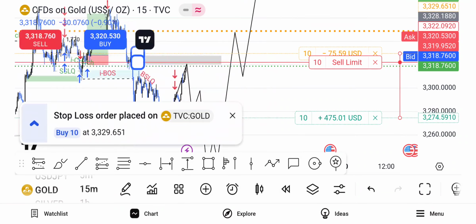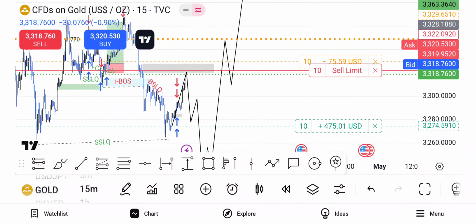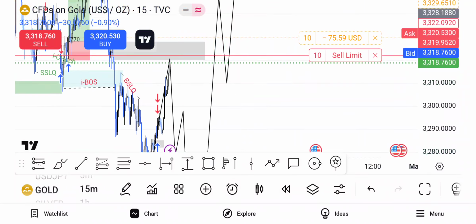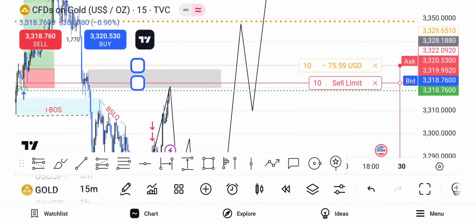Remember, the stop loss is that point where your analysis or your calculations are proven invalid. So I'm keeping the stop loss as small as possible.